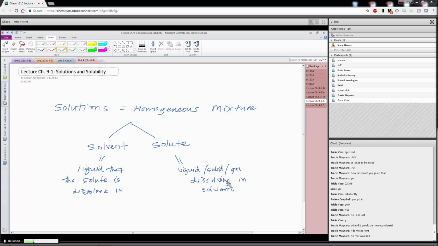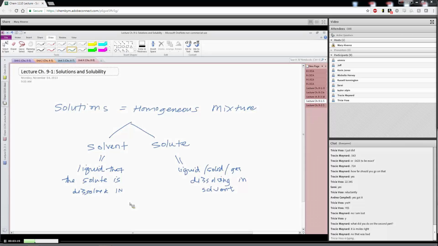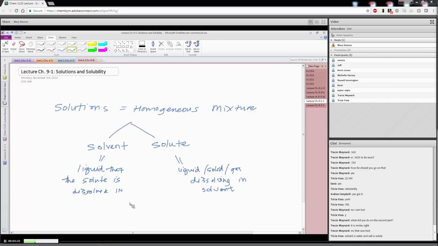Okay. So for instance, if I have a solution of salt water, what is my solute and what is my solvent? Perfect. Trisha says that water is the solvent and salt is the solute.